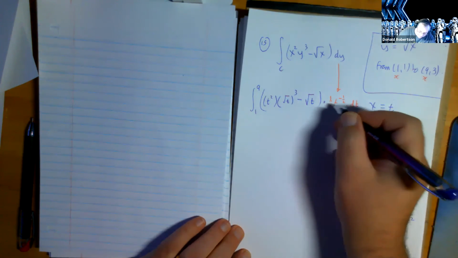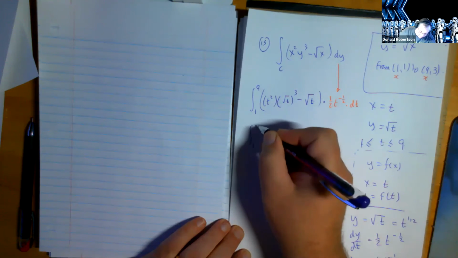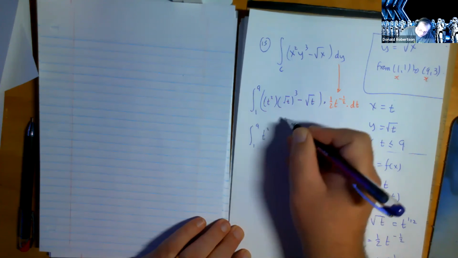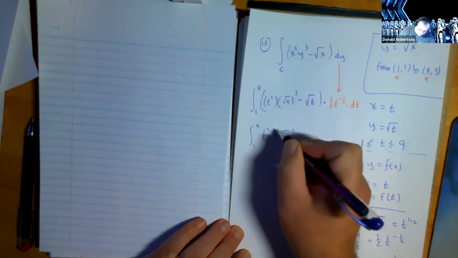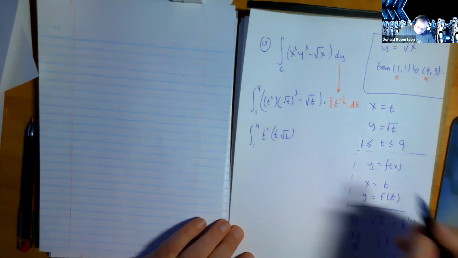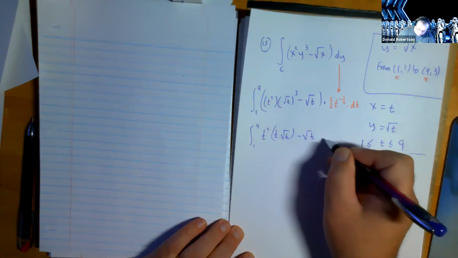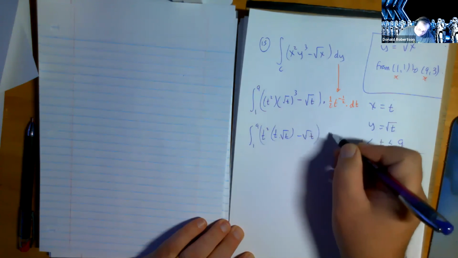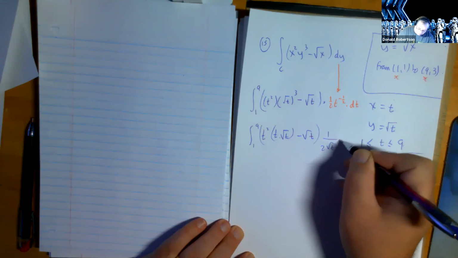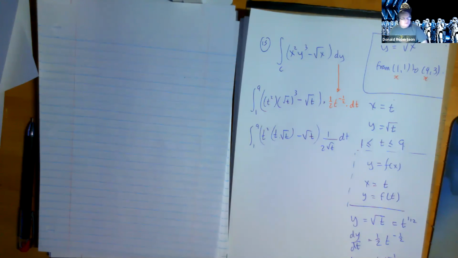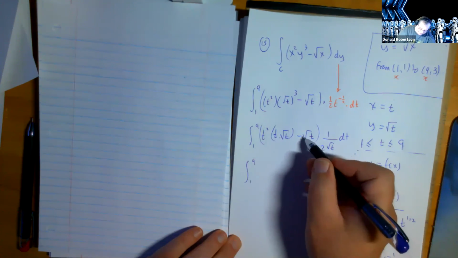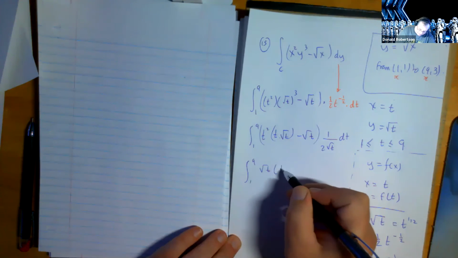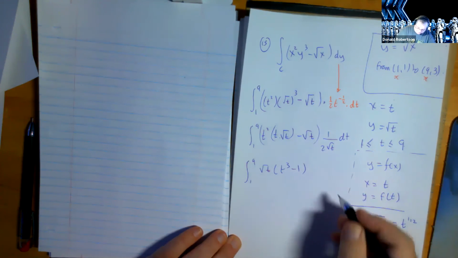I've got halves and square roots floating about, so I'm going to turn everybody into a square root. The square root of t cubed is t times the square root of t. You happy about that? And that guy's just a square root of t. Won't this guy be 1/2 square roots of t? If I take all of this and pull out a square root of t, I get t cubed take away 1.